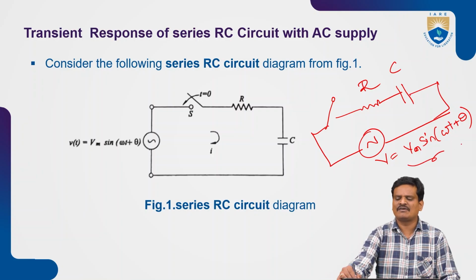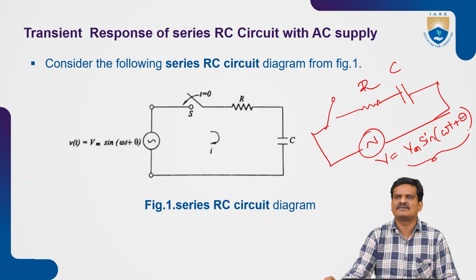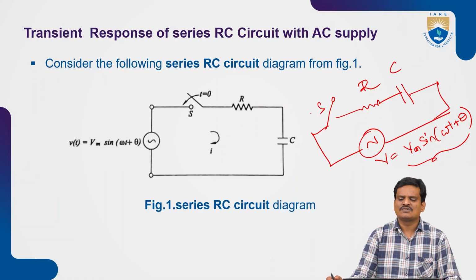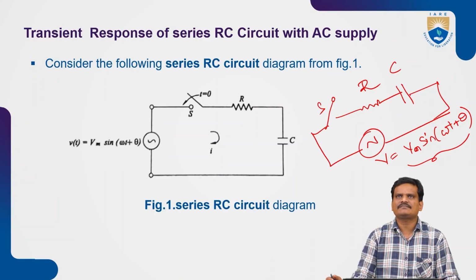This is the general form of representation of an AC sinusoidal voltage in our Indian standards. Let me name the resistance as R, the capacitance as C, and the switch as S. So this is the circuit diagram representation for a series RC circuit when an AC supply is given.